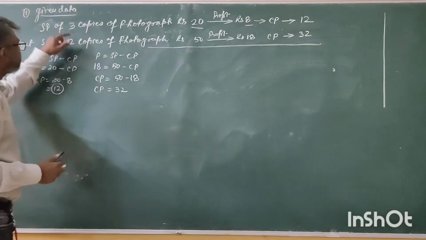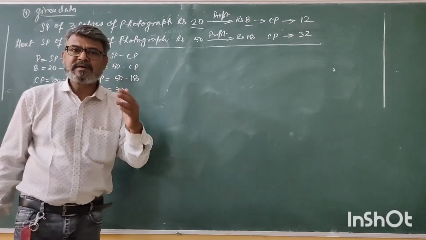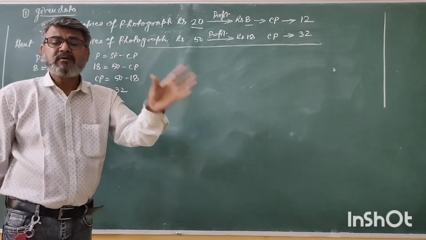अब as per question, क्योंकि आप लोग ये चीज देखे होंगे कि जब भी आप फोटो खिंचाने के लिए जाते हैं तो फोटोग्राफर का एक फिक्स रेट होता है पर्टिकुलर कॉपीज के ऊपर.